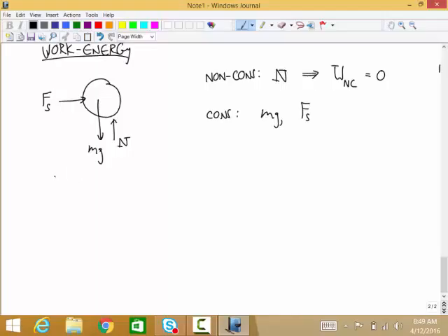Okay, so let's think about the potential energy due to gravity. That's equal to mgh, and we get to choose an h. Choose h equals 0, and we'll choose it to be at the ground.